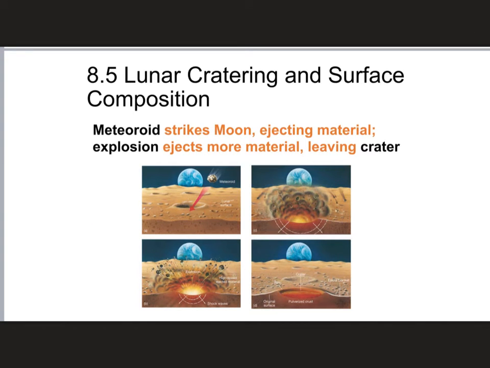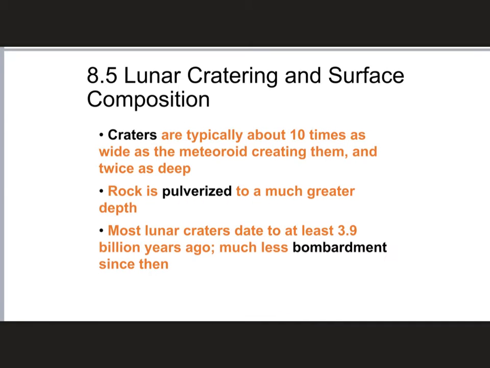Now, we can see the surface of the moon is cratered. That's because of impacts from other celestial bodies like meteoroids. They come down, they strike the moon, and that basically leaves an impact crater. Craters are typically about 10 times as wide as the meteoroid that created them, and they're about twice as deep.